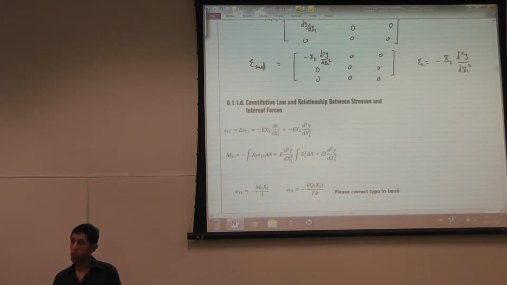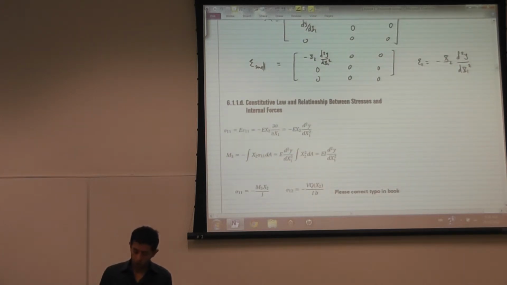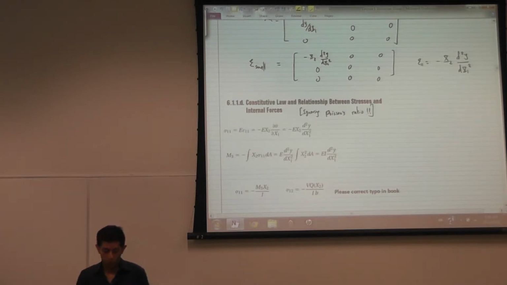Okay, I'm going to use the constitutive law and usually ignore Poisson's effect. Ignoring Poisson's ratio, I can say that sigma 1 is equal to E epsilon 1.